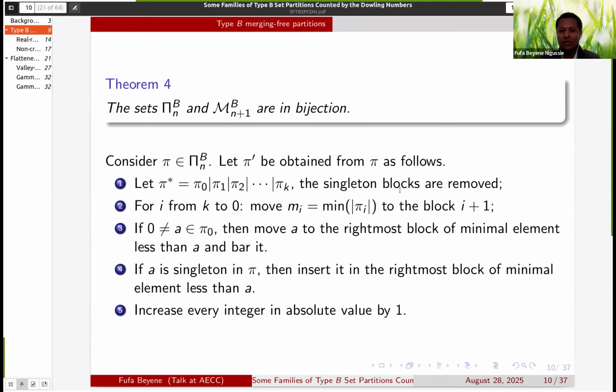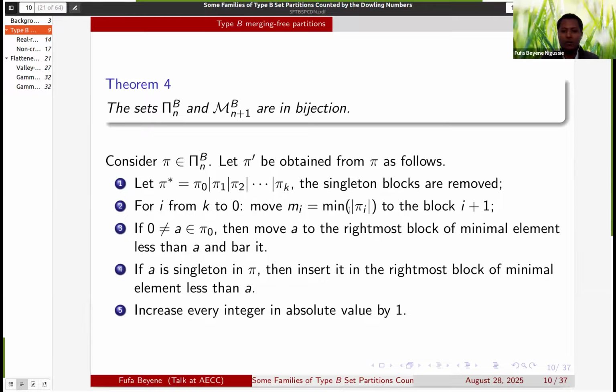First, we remove singleton blocks, and then after removing the singleton blocks, going from k to 0, we move mi, the minimal element of pi i, to the next block i plus 1.